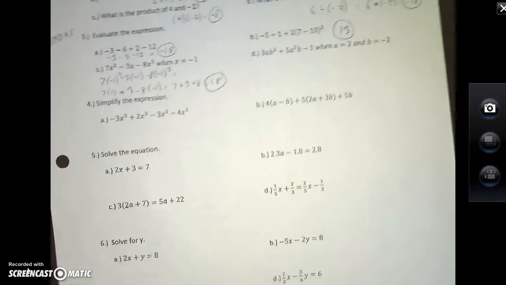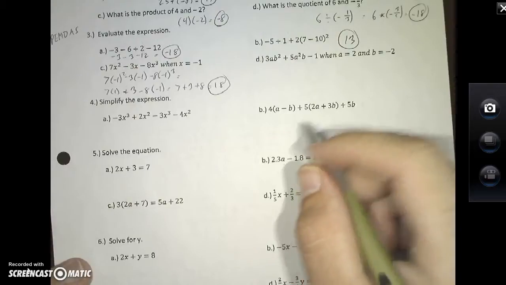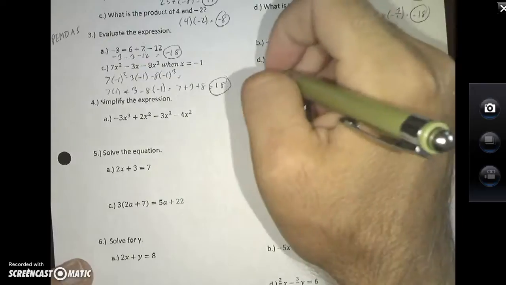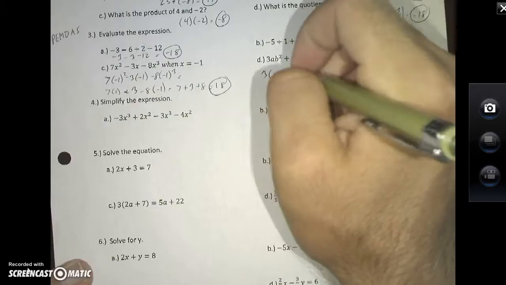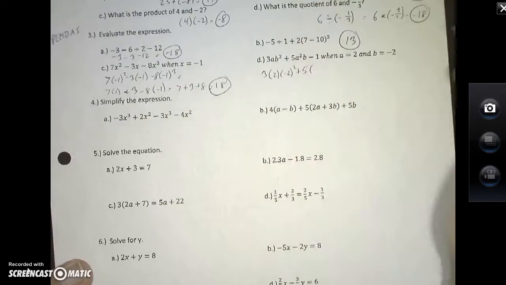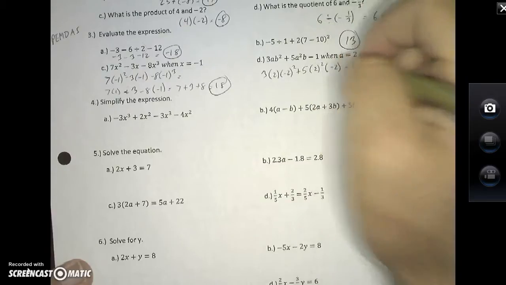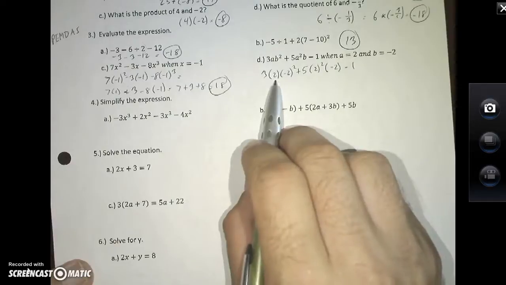Cool. Okay, and lastly, 3ab squared plus 5a squared b minus 1, when a is equal to 2, b is equal to negative 2. So 3(2)(negative 2) squared plus 5(2) squared(negative 2) minus 1. 3 times 2 is 6.